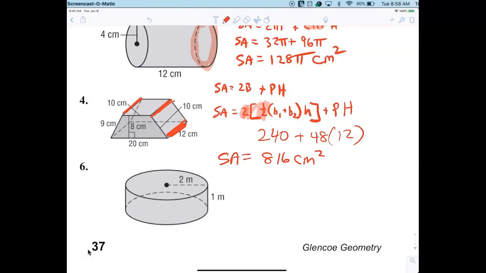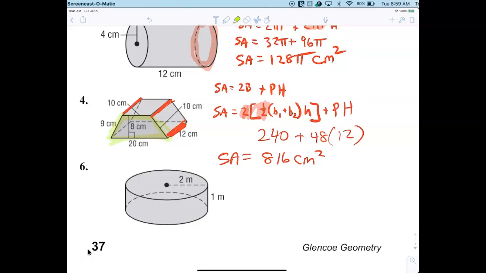Anybody have any issues? Yes, ma'am. I'm so confused with that. 48 is the perimeter, so please watch. This plus this plus this plus this, all of that is the perimeter of the base. Right, you have to identify the base.